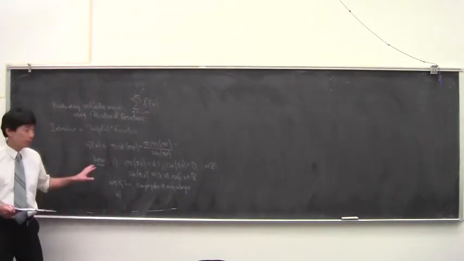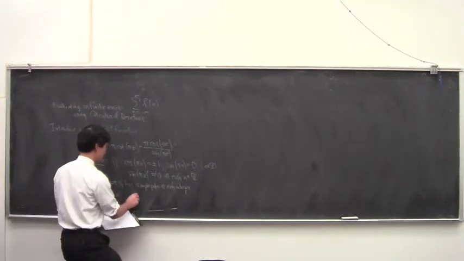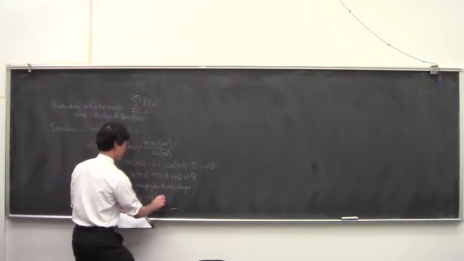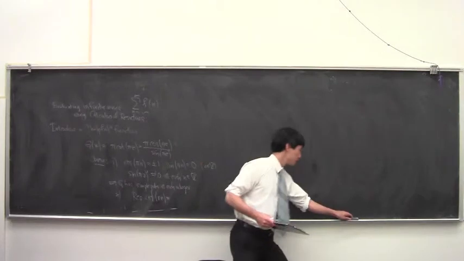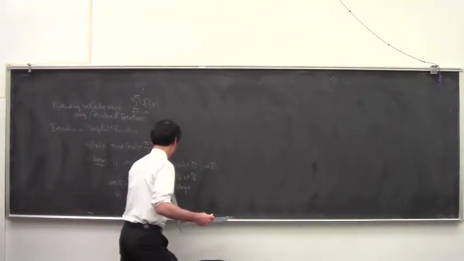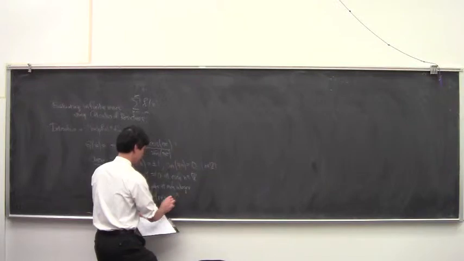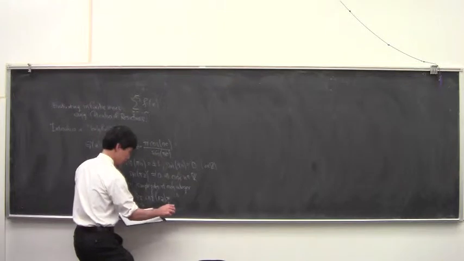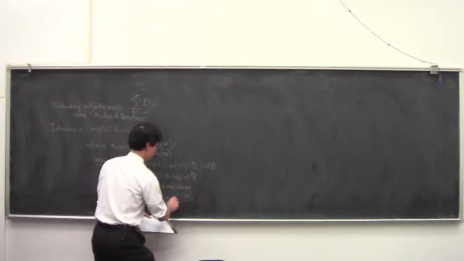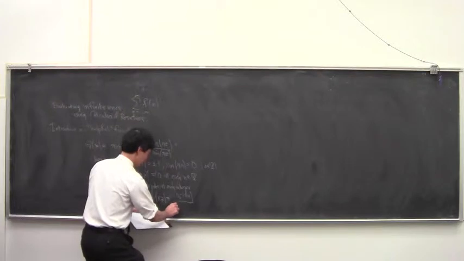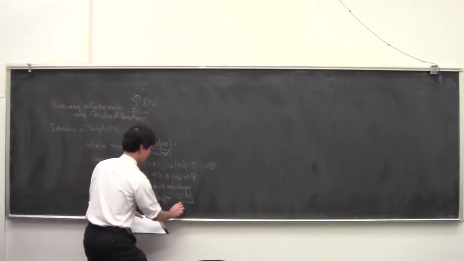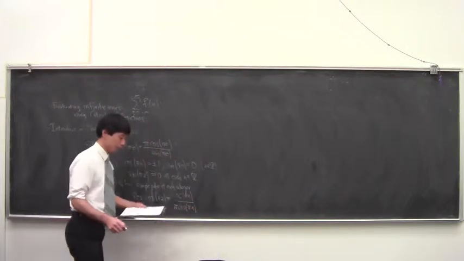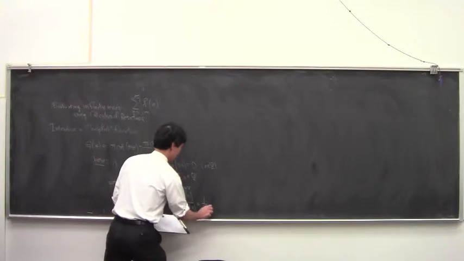I'm going to use the P over Q theorem. The residue of cotangent pi z at z equals n is going to be cosine pi z evaluated at n, over the derivative of sine pi z evaluated at n, which turns out to be 1 over pi.